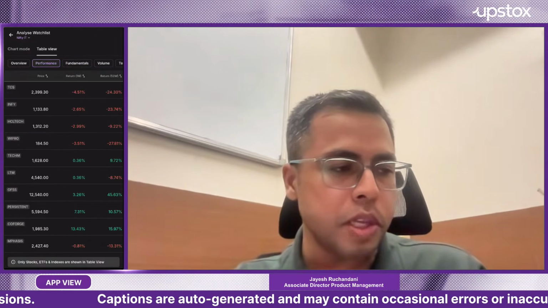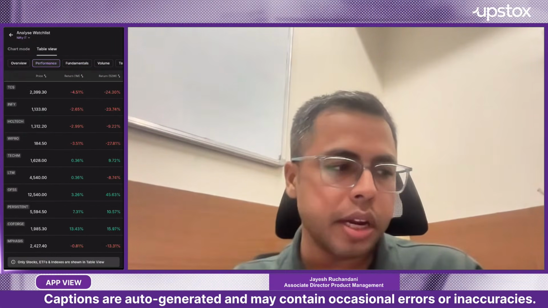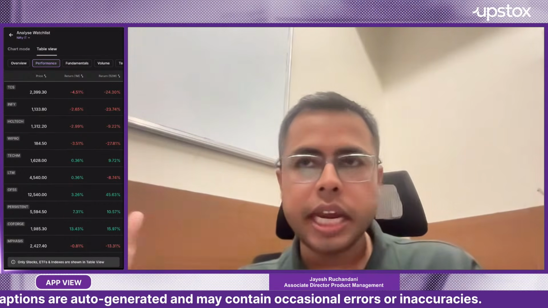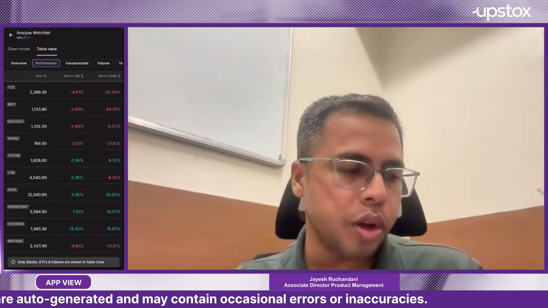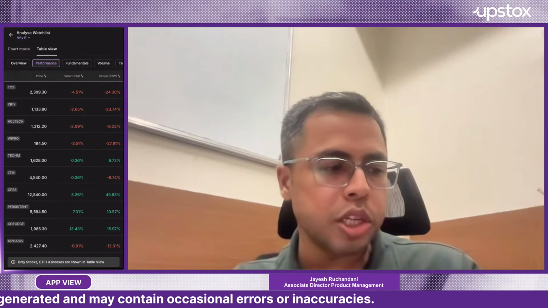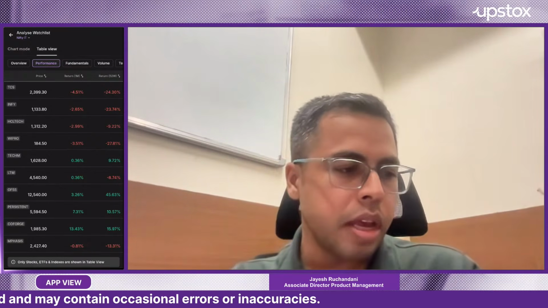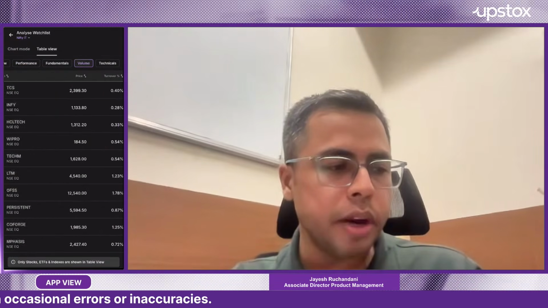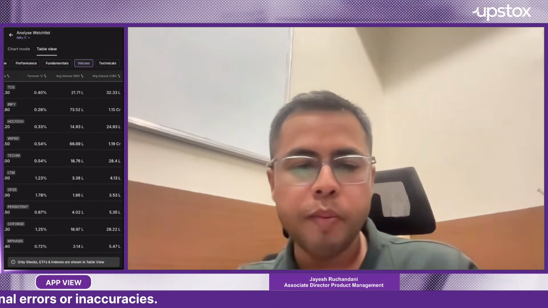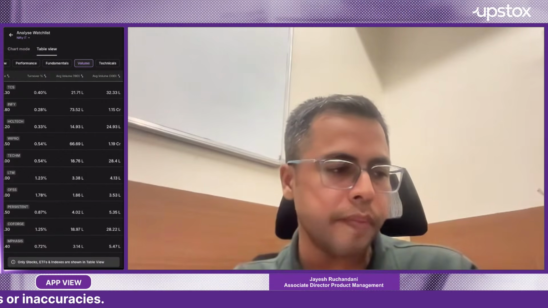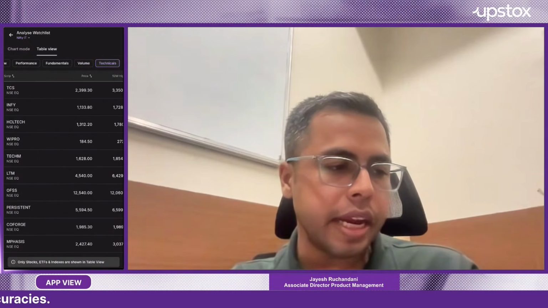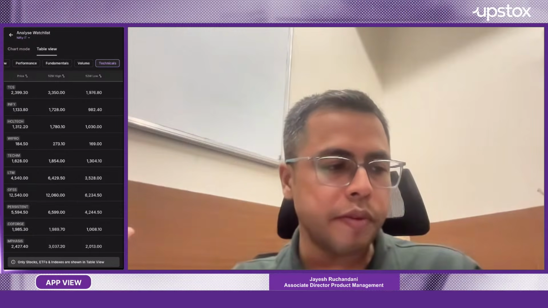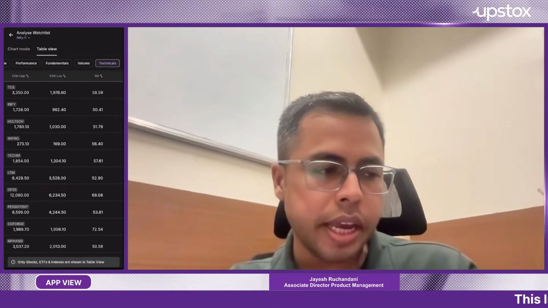By going to the performance tab, you can look at 52-week return and 1 month return. This can tell you what the momentum of this stock is. If both are high, then the stock seems to be in a growth momentum, or a bearish momentum. By looking at the volume trend, you can see how much activity is happening in the stock. And finally, in the technicals tab, you can look at 52-week high and low, and RSI.